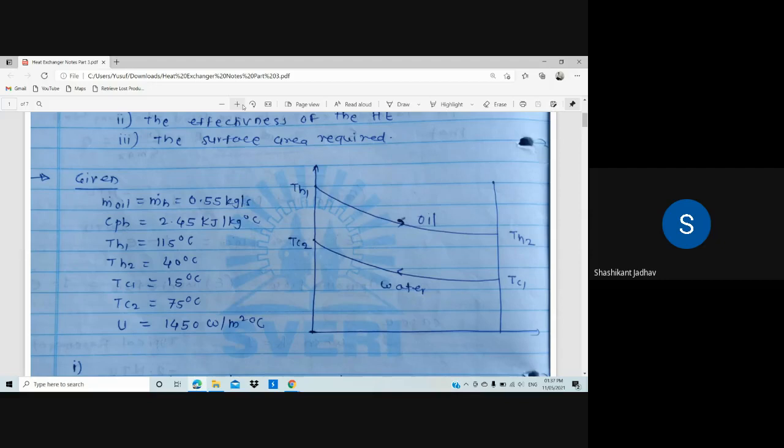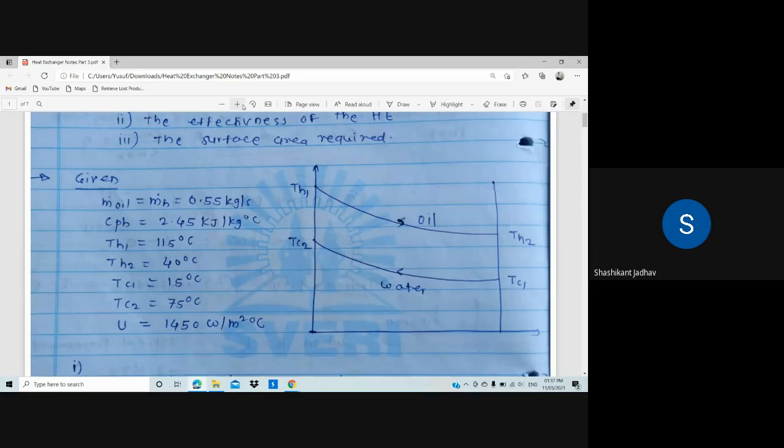Whatever information is related to the hot fluid is given to us, and for the cold fluid, the inlet temperature and outlet temperature are also given.